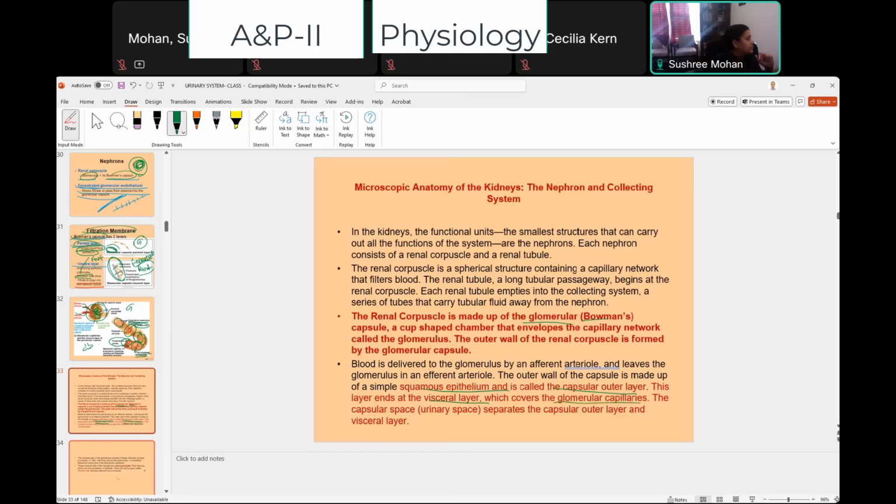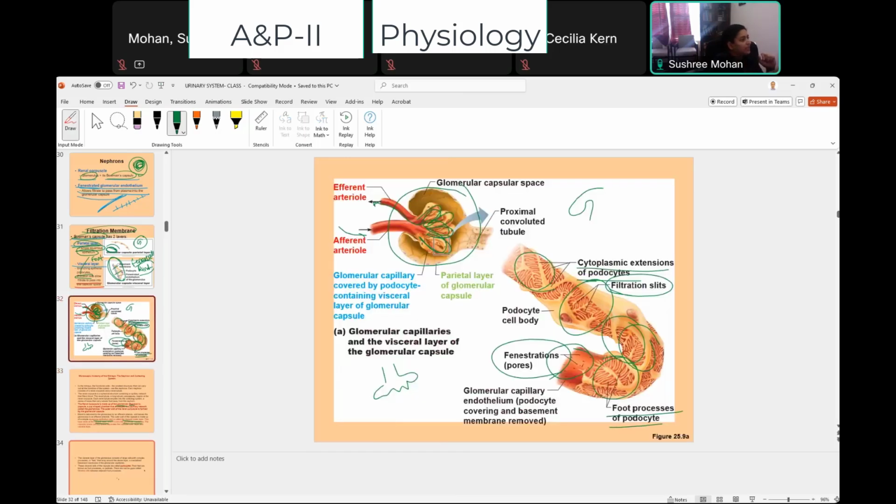Now, the space between the outer parietal and the inner visceral layer is called the capsular space. Why capsular space? Because here's the glomerulus, and here's the Bowman's capsule, the outer covering capsule. So this space is called the capsular space.